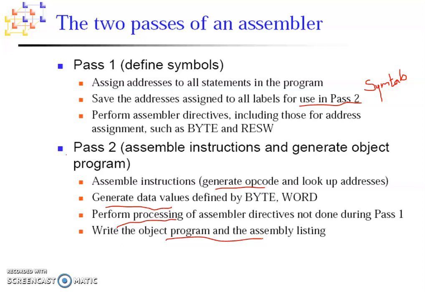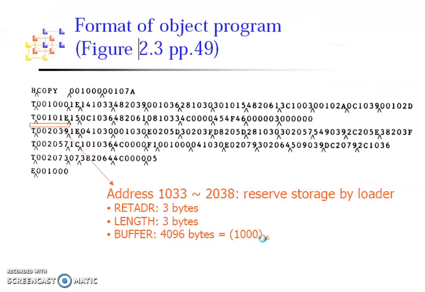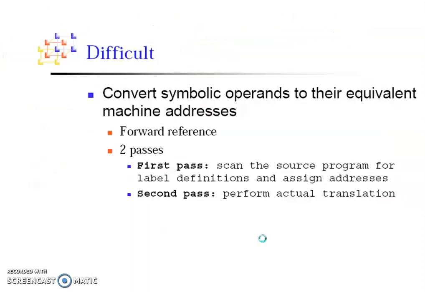The opcode will be generated and it looks up the addresses. One of the difficult functions of an assembler is converting the symbolic operands to the equivalent machine addresses.